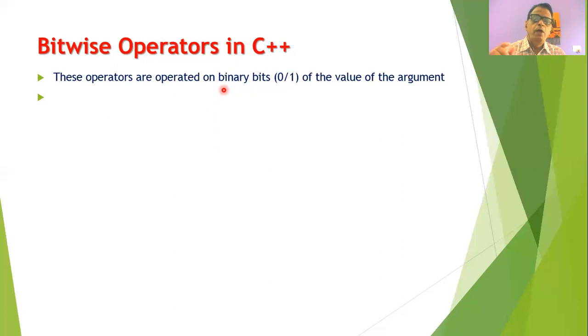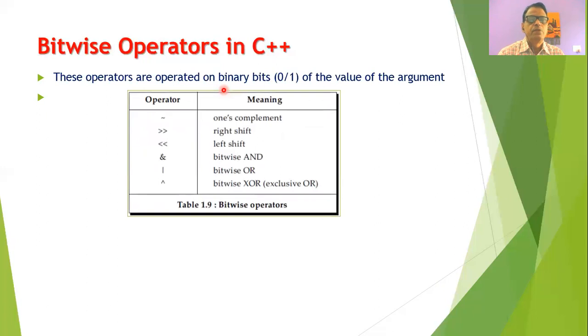And if you want to manipulate that 0 or 1 stored in memory, you can do so by using the bitwise operators in C++. There are different bitwise operators in C++, such as ones complement, right shift, left shift, bitwise AND, which uses a single ampersand, bitwise OR, a single vertical line, and bitwise XOR or exclusive OR.